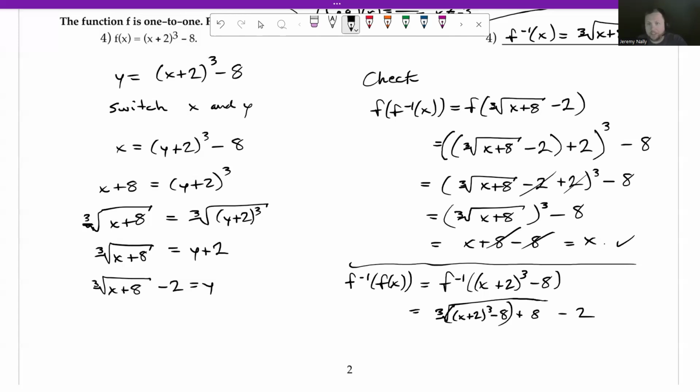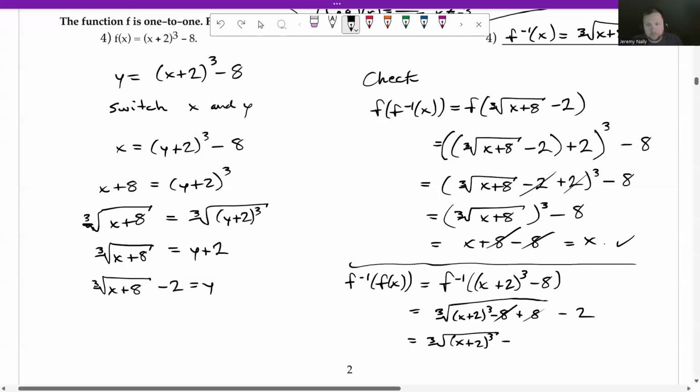You can put parentheses around that. I'm just leaving them off because I'll get done faster. These can cancel. And then we have the cube root of (x plus 2) cubed, minus 2. So then the cube root and the cube cancel out. So I have x plus 2 minus 2. And then the 2's cancel out, and then I have x.